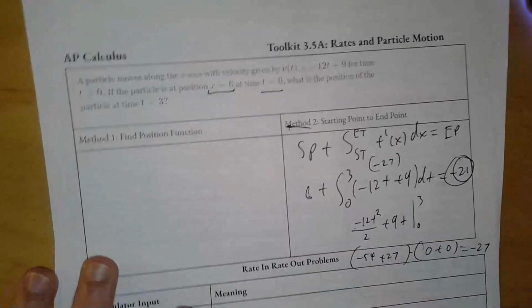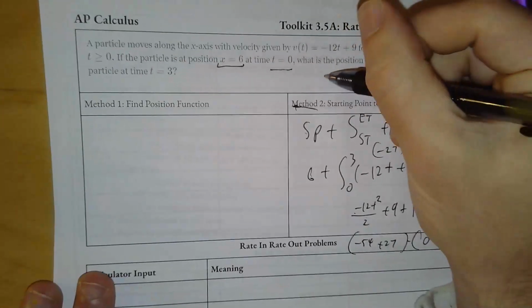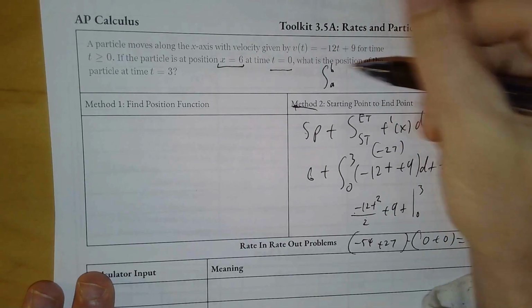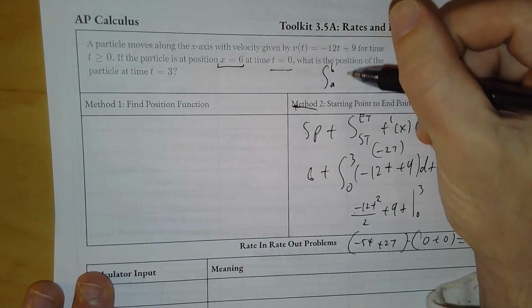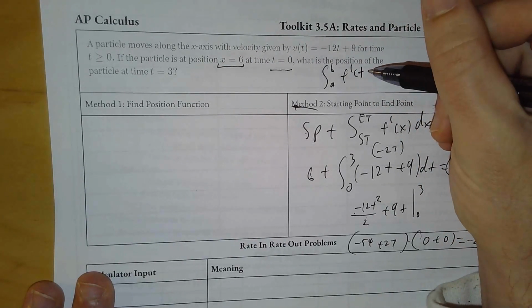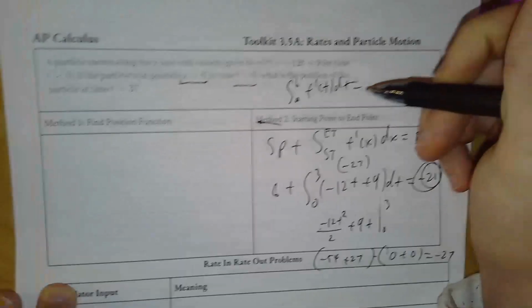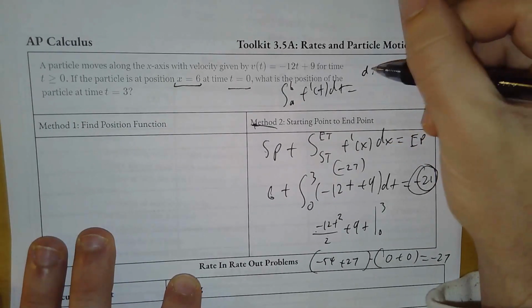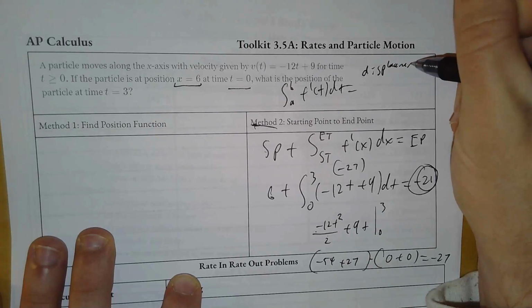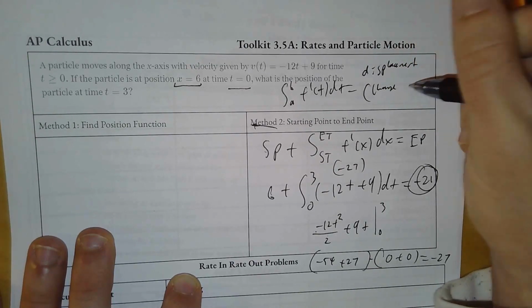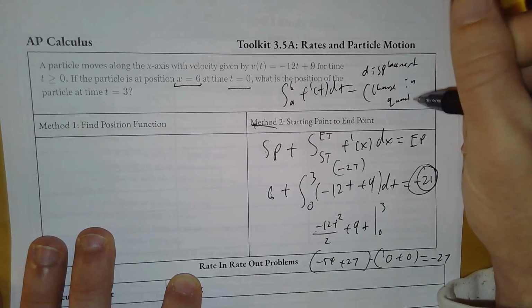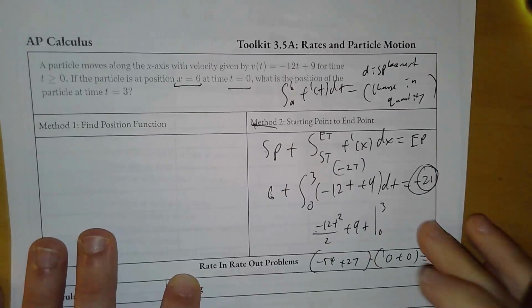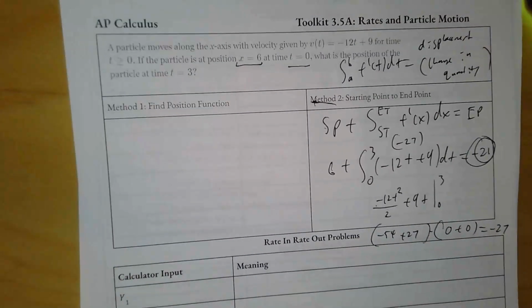So I'll mark that here. Method 2 is using this idea that the integral from a to b of some rate is going to give me the displacement, or the change in quantity between two times. Versus with the position function, we go straight for the antiderivative.